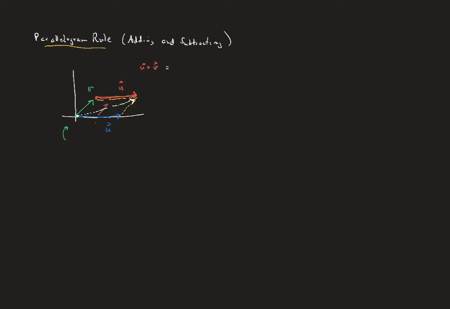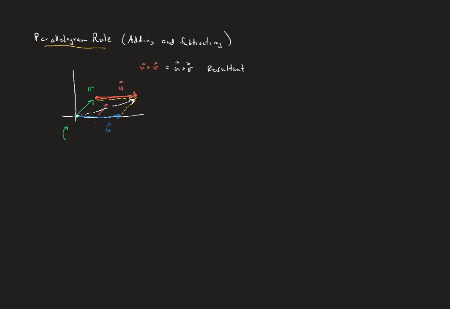So this diagonal that I have just drawn there is the vector u plus v. Sometimes that's referred to as a resultant. We'll come back to that much later. But when you add two vectors, the new vector that is created is known as a resultant.